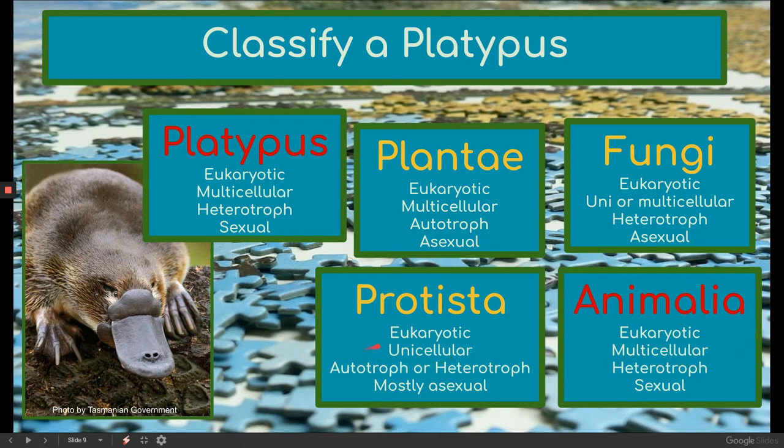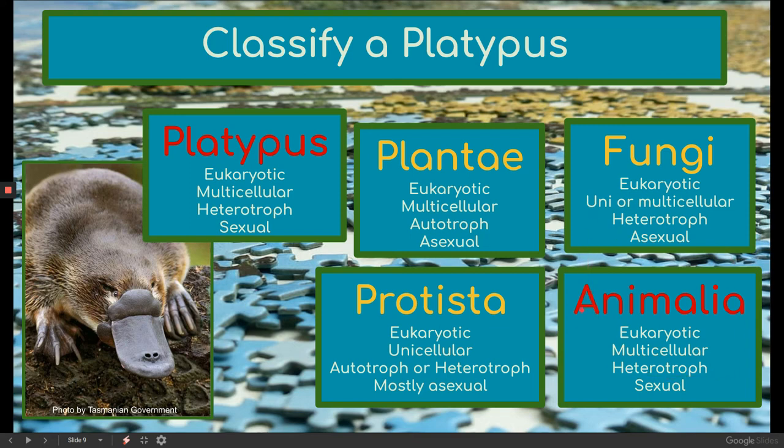Oh, Protista is not multicellular, it's only unicellular, so I can mark it out. It is a heterotroph, meaning it's a consumer. Oh, wait, Plantae is only autotrophs, so I can mark it out too. Fungi is a heterotroph, and so is Animalia.